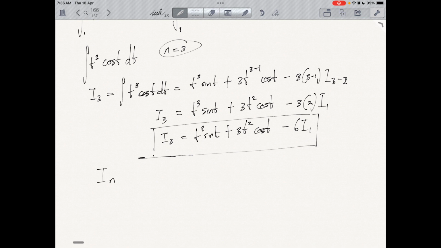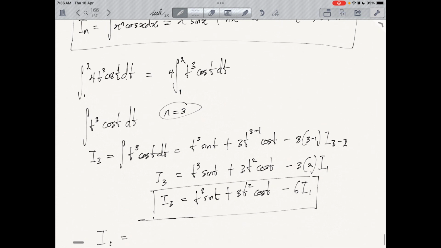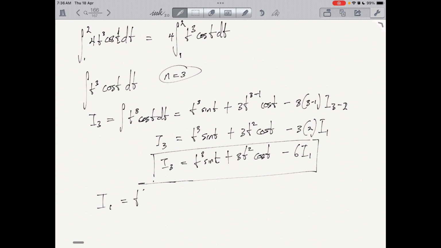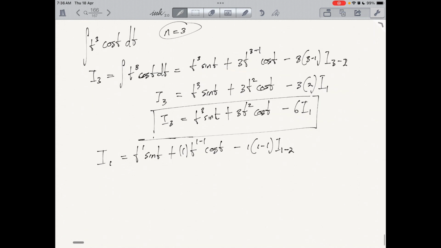I_1 now will be when n is equal to 1. So making our substitution, we'll have t^1 sin t plus 1 into t^(1-1) cos t minus 1 into (1-1) I_(1-2). Therefore I_1 will be t sin t plus t^0 cos t minus 1 into 0 I_(-1).